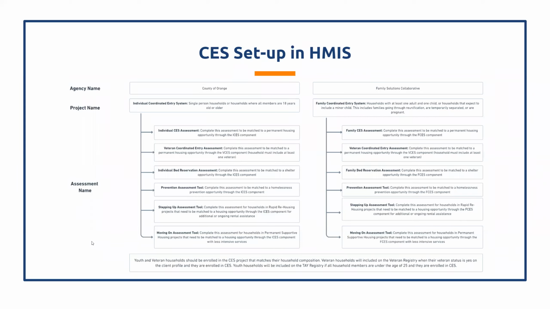Veterans will complete the coordinated entry assessment to be matched to housing opportunities. Complete the bed reservation assessment to match clients to shelter opportunities through CES. The prevention assessment tool is to match households to homelessness prevention opportunities.